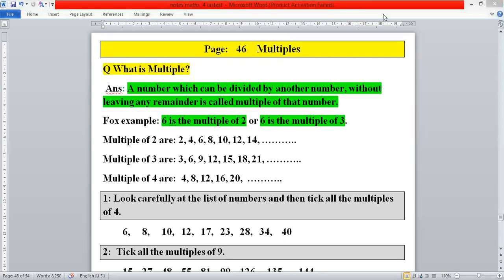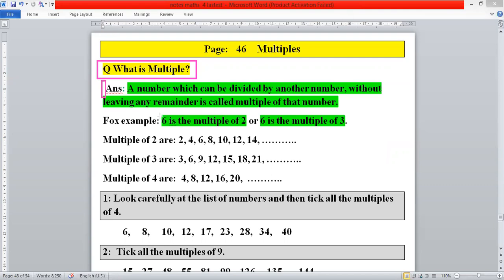What is multiple and what is the definition of multiple? Before you know about common multiples and how to write multiples, you must know about the definition of multiple. So here, question is, what is multiple?